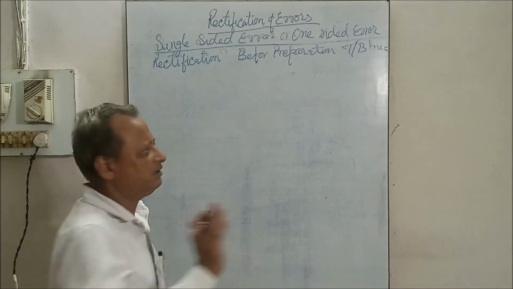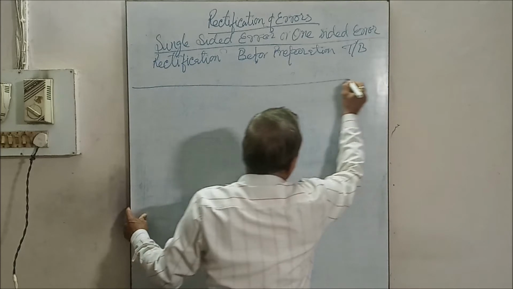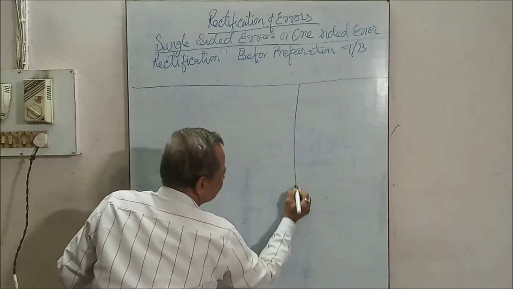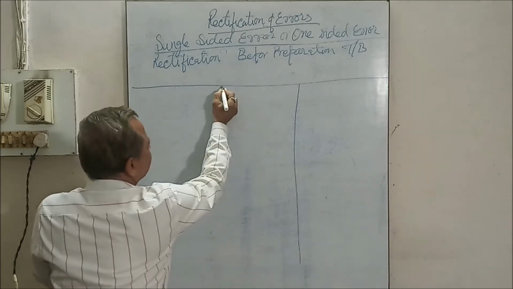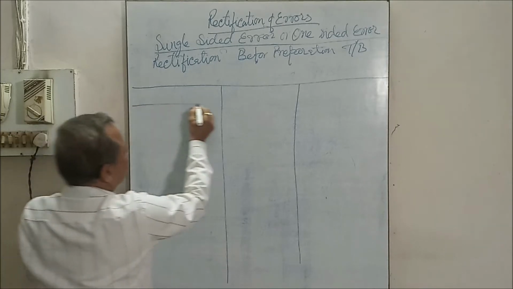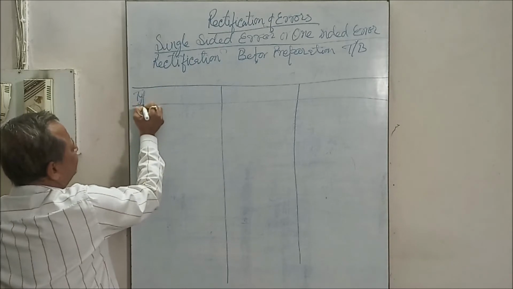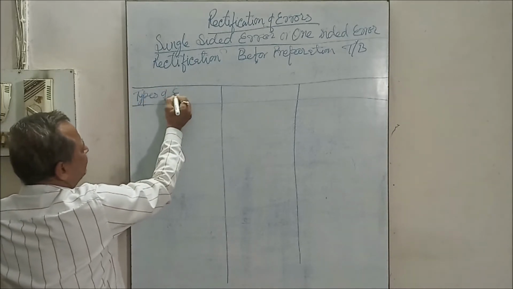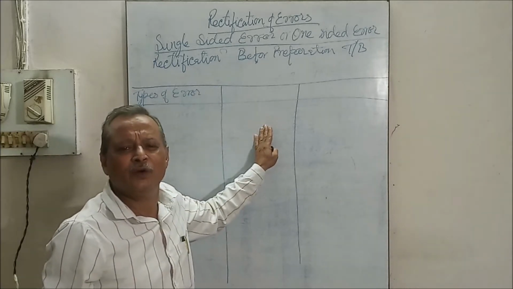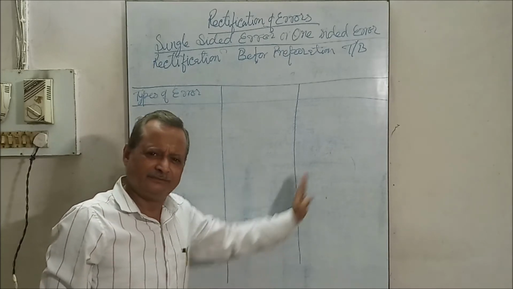No journal entry will be passed. Types of errors. This chart I am giving shows how to rectify, and you will find all the solutions in it.